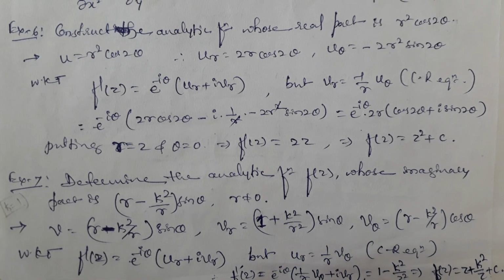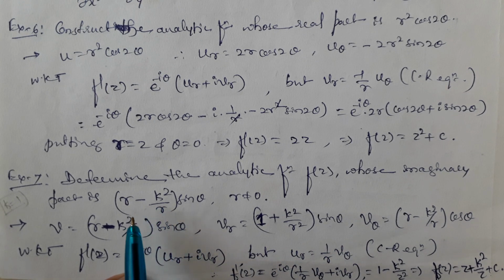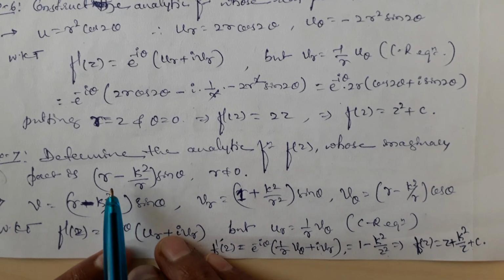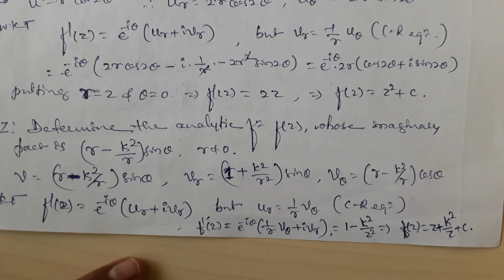In the particular case we can take k as 1, that is (r minus 1 by r) sin theta. Then the answer for that is f of z equal to z plus 1 by z plus some integration constant c.